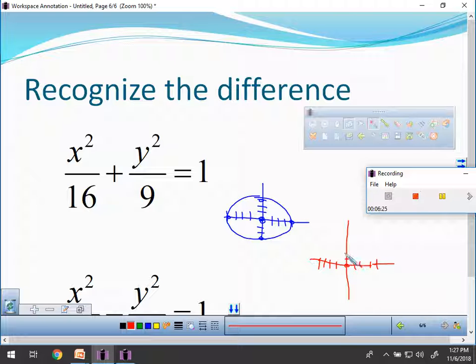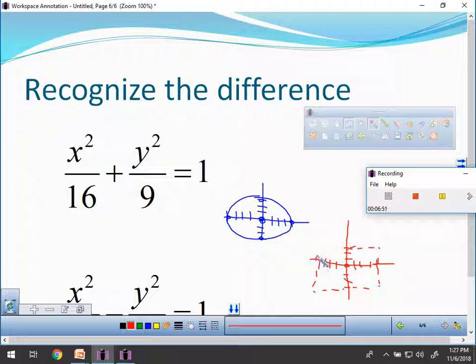I'd still go up 3, and I would still go down 3, so that's no different thus far. The difference is, whenever I actually want to graph this hyperbola, what you're going to do next is draw a box. You're not going to draw an ellipse, but you're going to draw a box. And guys, use dotted lines because these are what we're going to call my asymptotes, which by definition means your graph gets closer and closer to but does not touch.